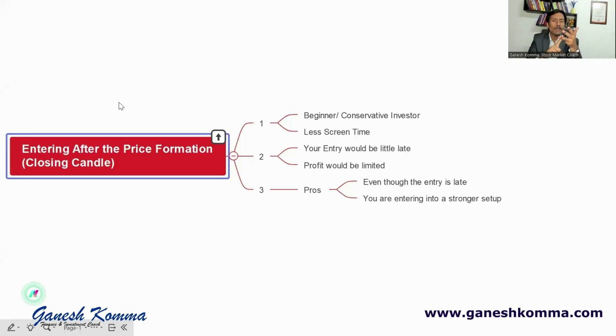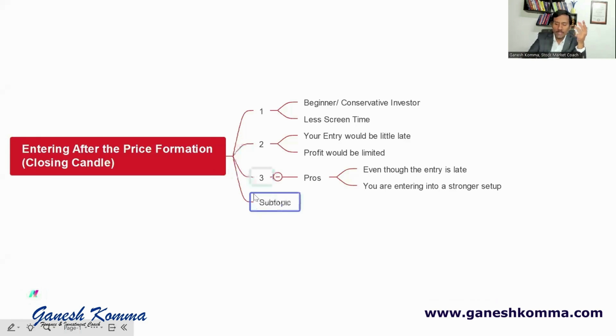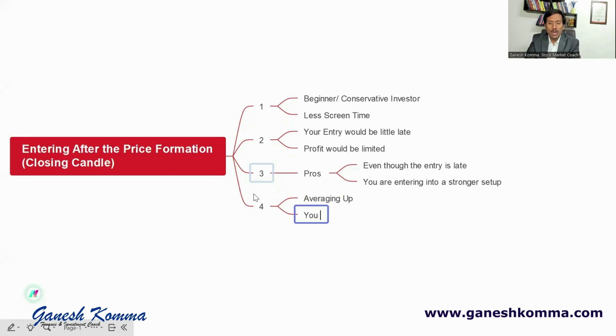And the fourth point to be considered is, in this kind of setup, this is mostly used, even by an experienced investor, for pyramiding, also called averaging up. So what do you mean by averaging up? It means you are increasing your position size.